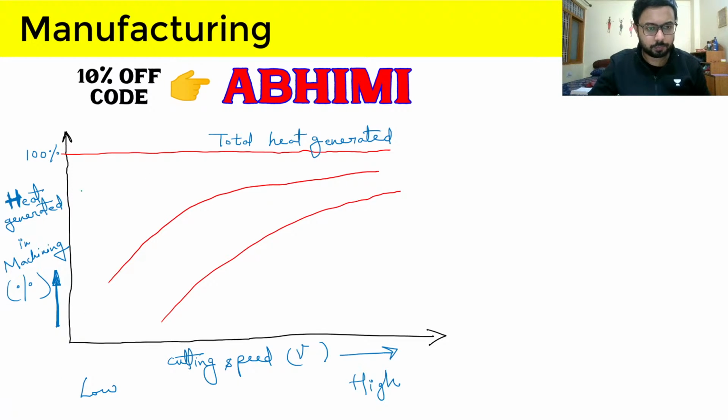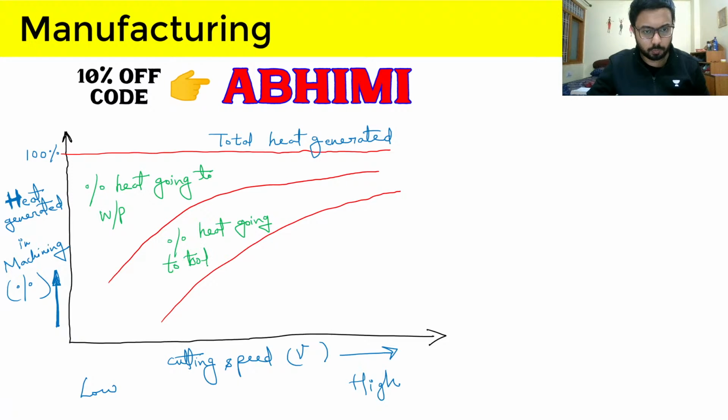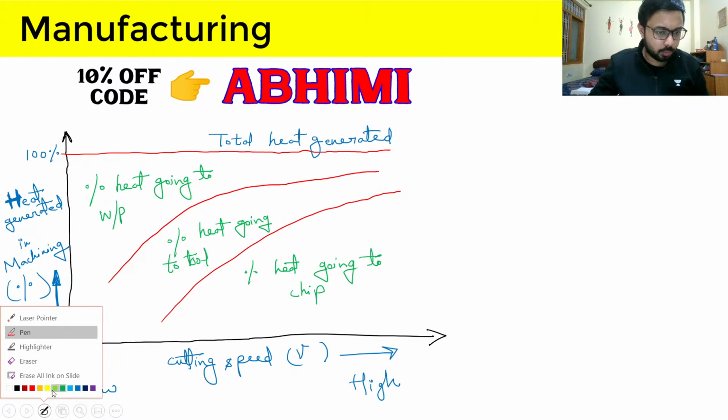And now the regions here are showing. Since we have to discuss high cutting speed, we will keep our focus there only.